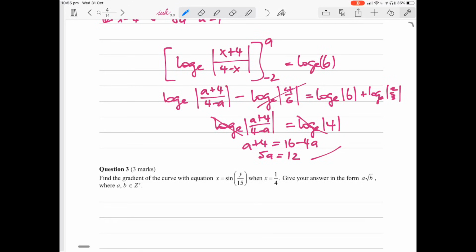So I've got a plus 4, 4 minus a. How did I get 4 up there? -2 plus 4 is 2.